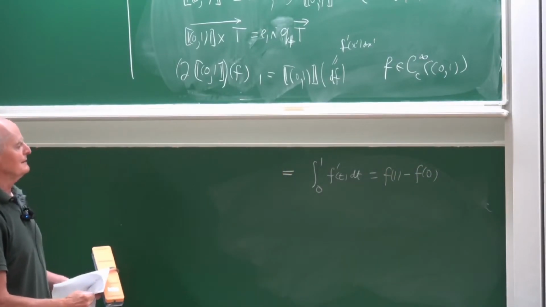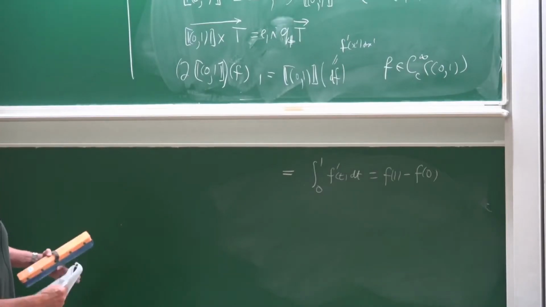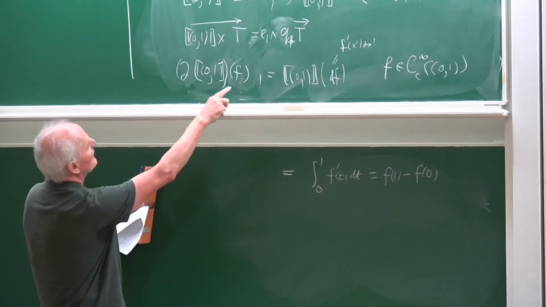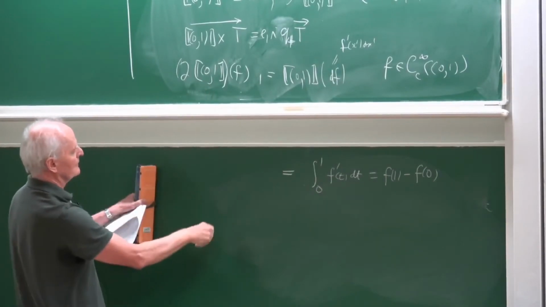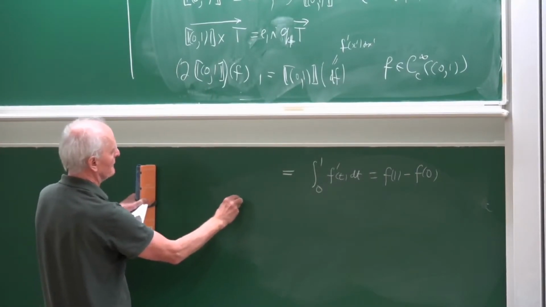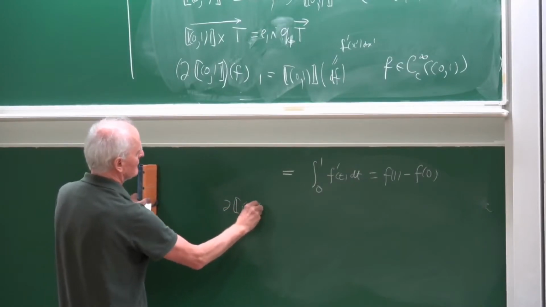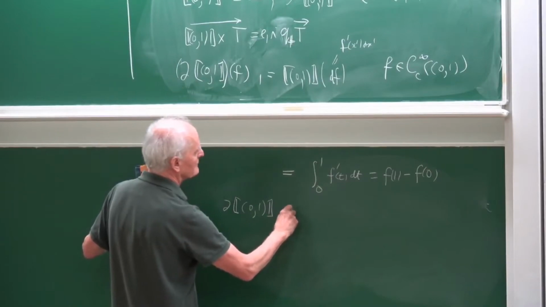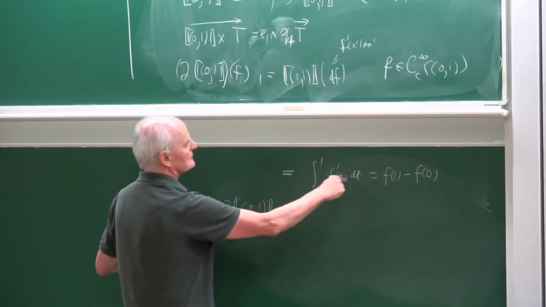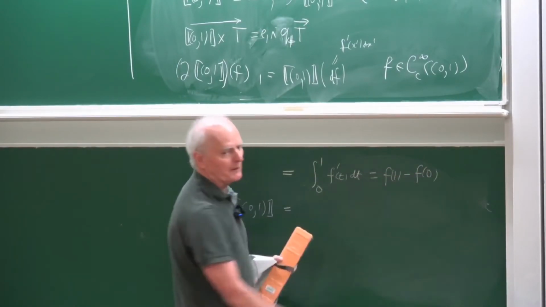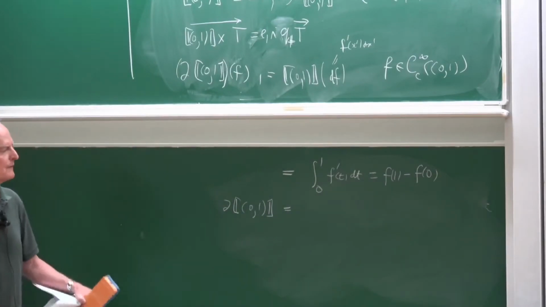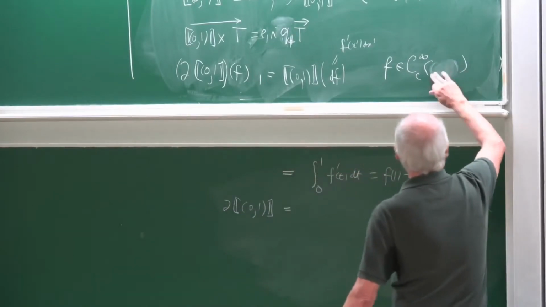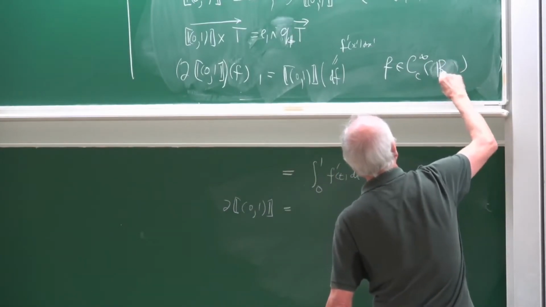So easy, it's hard. And so what does that say in terms of current notation? That means we've shown that the boundary of the current 0, 1 has just picked out the value at the endpoints of f. Oh, sorry, this is supposed to be C infinity on R.